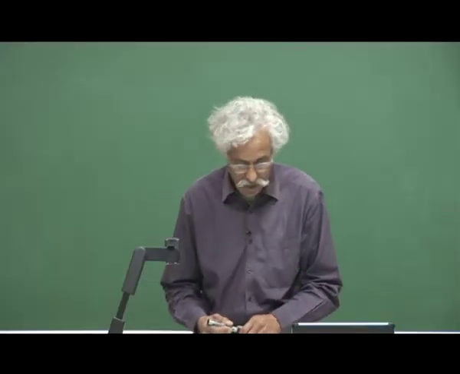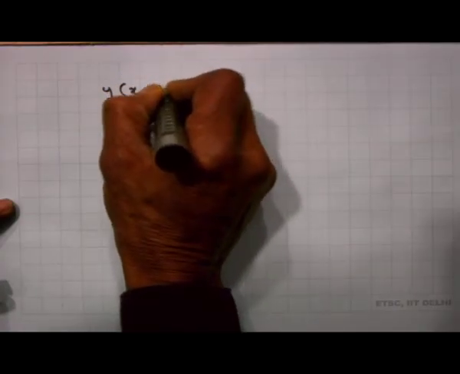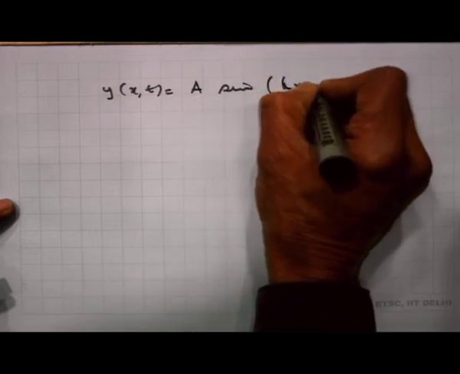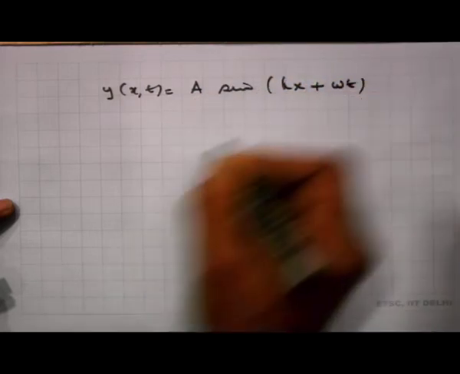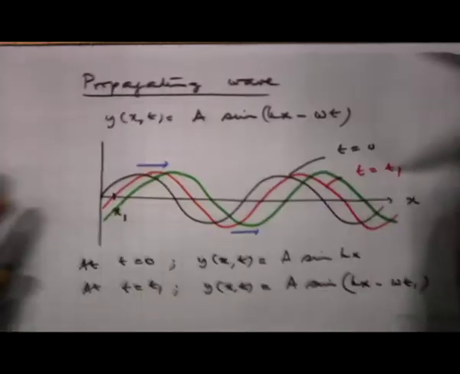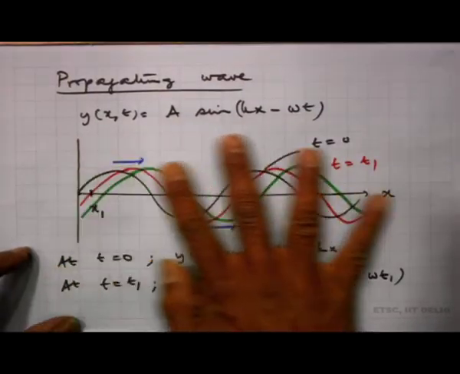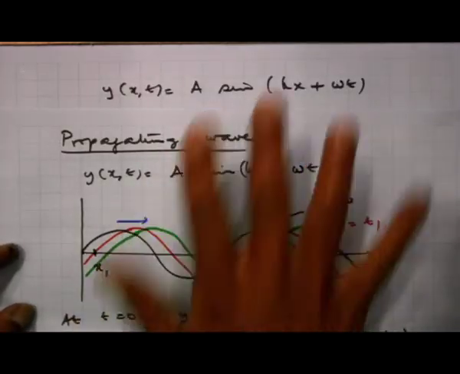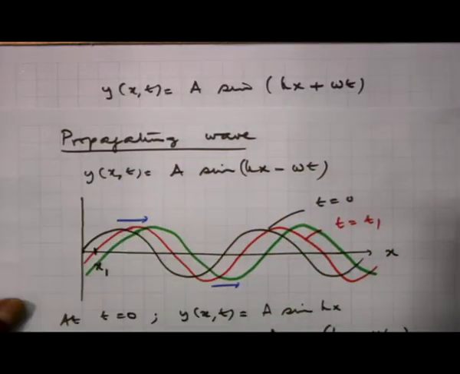Now, I will leave it to you to discuss that a wave represented by y of x, t equal to A sin(kx plus omega t) represents a wave going in the minus x direction. If this is a wave going in the plus x direction, I would like you to argue, like I have done, that this is a wave going in the other direction.